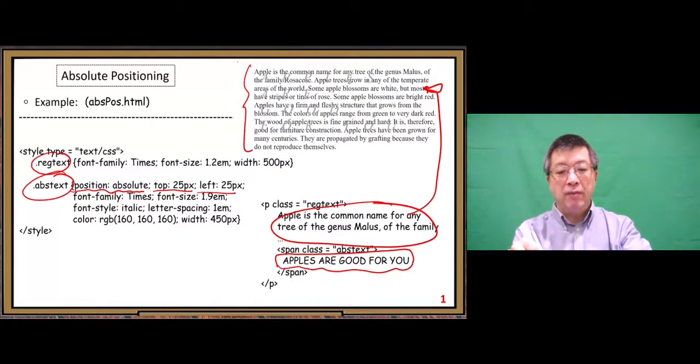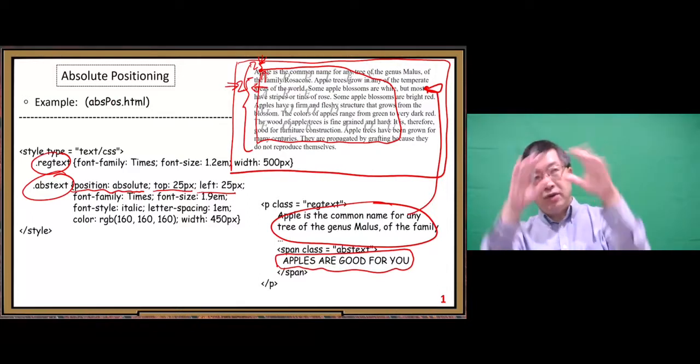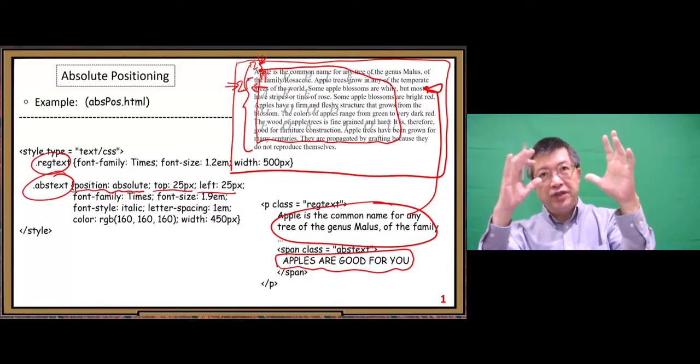So you have a body element. Suppose this is a body element, right? Then how to place this part? Top 25 pixels from the top, left 25 pixels from the left. So that's how you arrange the location.